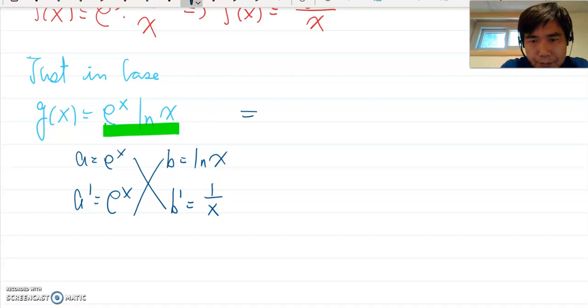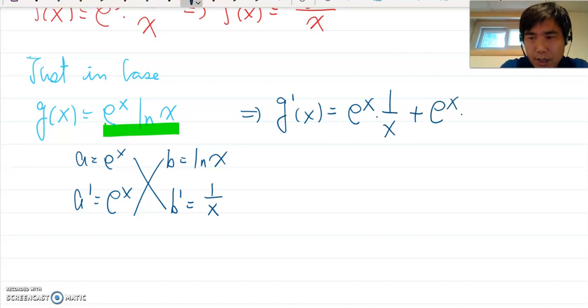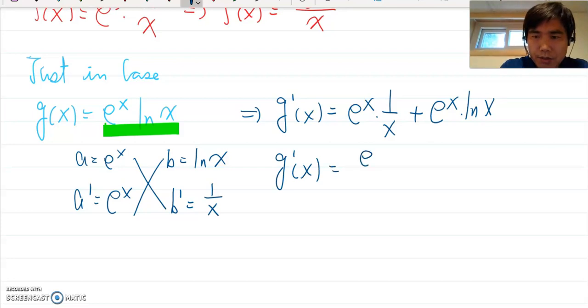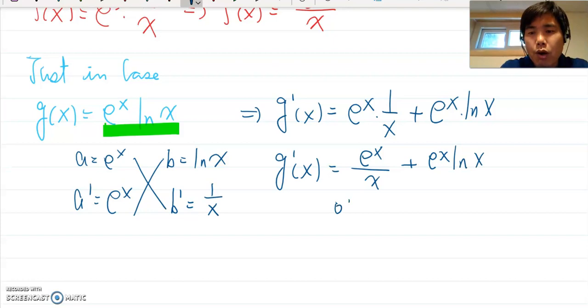Therefore, g prime x becomes e to the x times 1 over x plus e to the x times ln x. Therefore, g prime x becomes e to the x over x plus e to the x ln x. That's the answer. Or you can factor this out or combine by a common denominator.